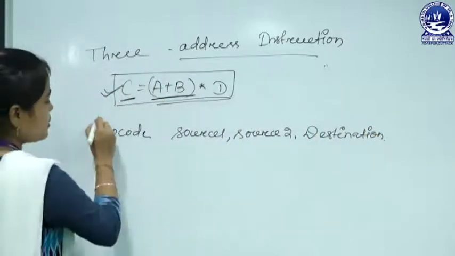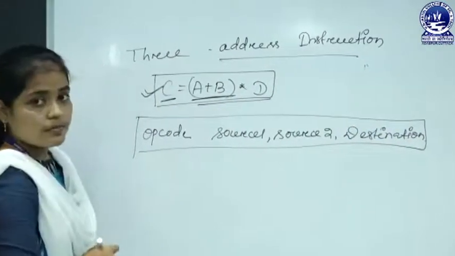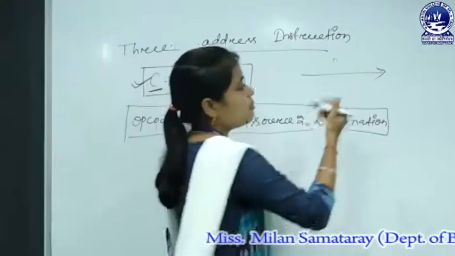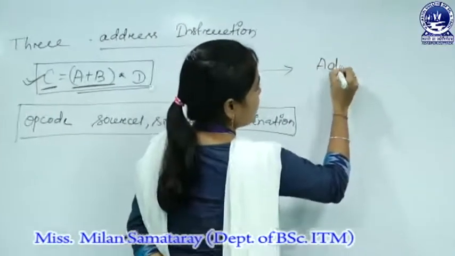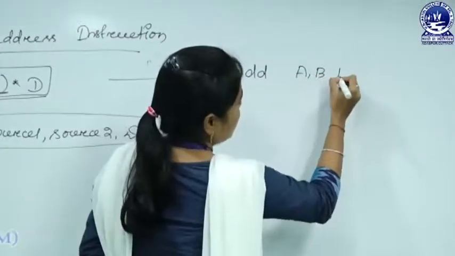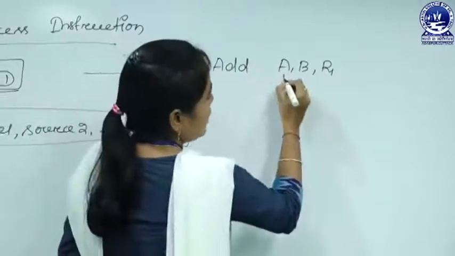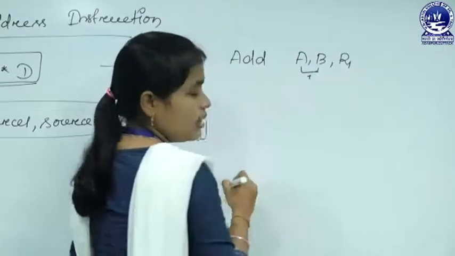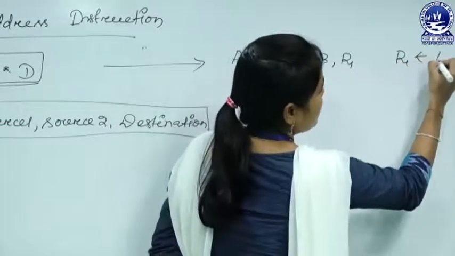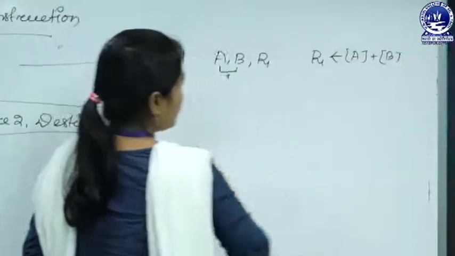You have to write the instructions using this syntax. Simply you can write add A, B, R1. That means add A with B and store the result in R1. Now R1 contains the content of A added to the content of B.